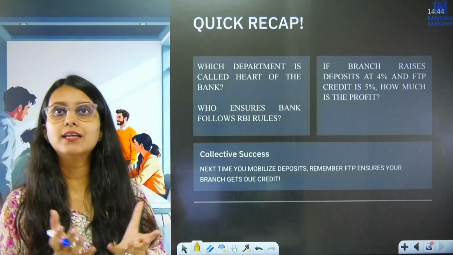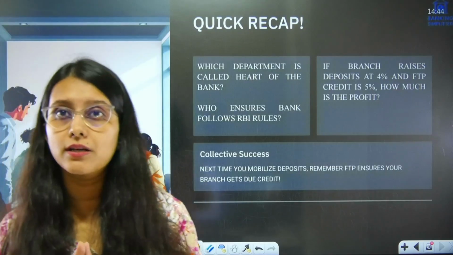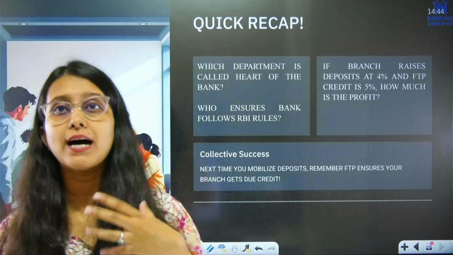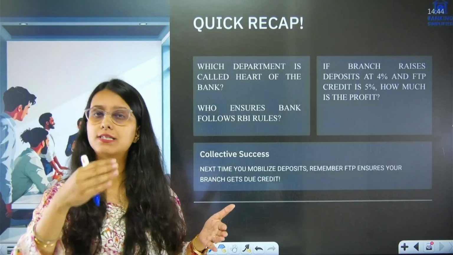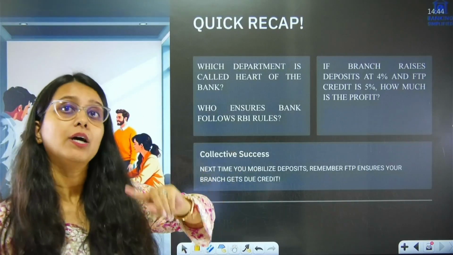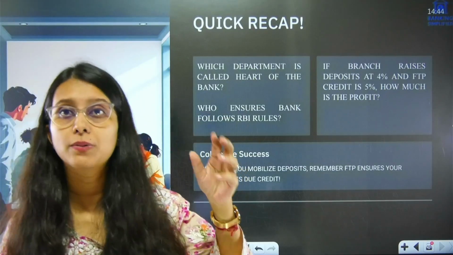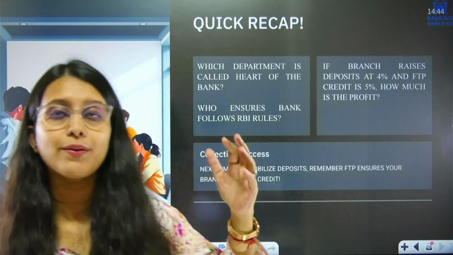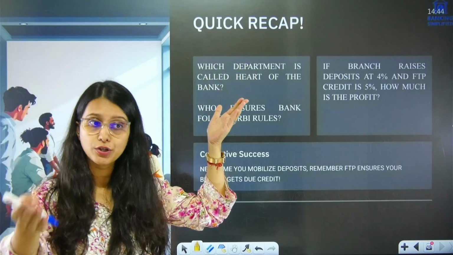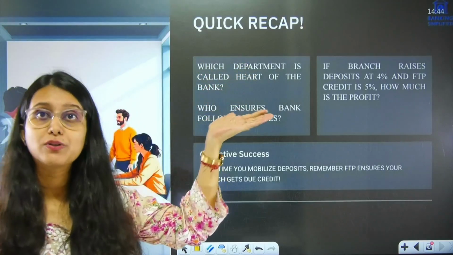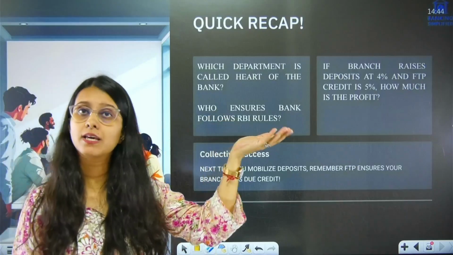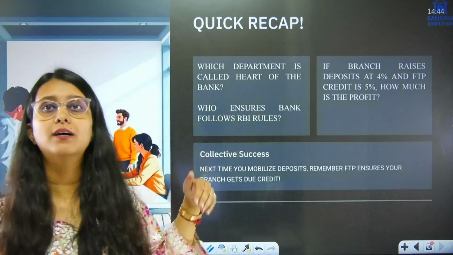These are the key departments that we're talking about. Of course there are other departments like operations, IT, HR, but we were only focusing on the key important ones. After that we had talked about the 3 lines of defense, wherein the first line is you, the people in the branch, because you're taking the first hit of business. Second is your risk and compliance, and third is your audit.